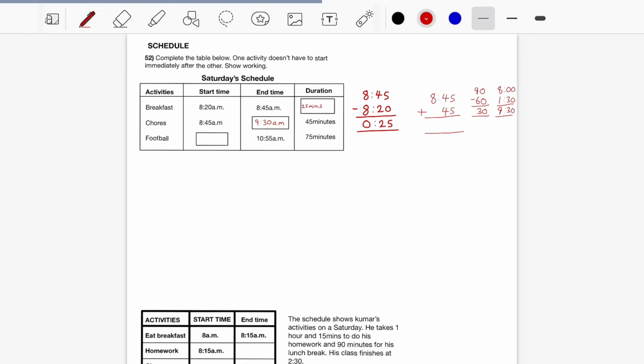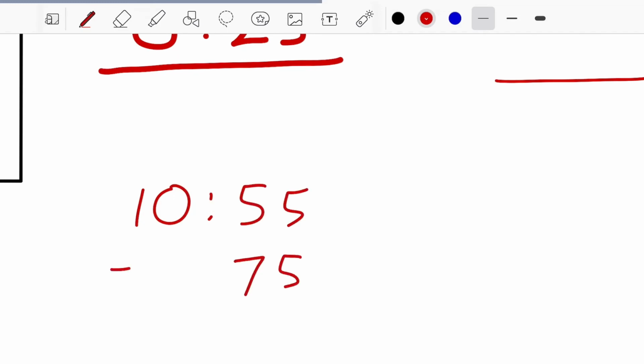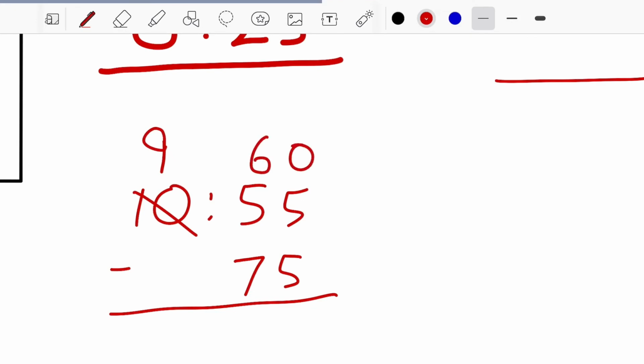So let's do that. So 55 cannot take away 75. So we must borrow from the hours. And we will bring across 1 hour as 60 minutes. So 60 plus 55, we can add this easily. We will get 115 minutes.